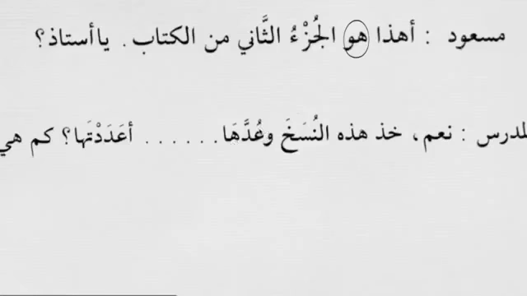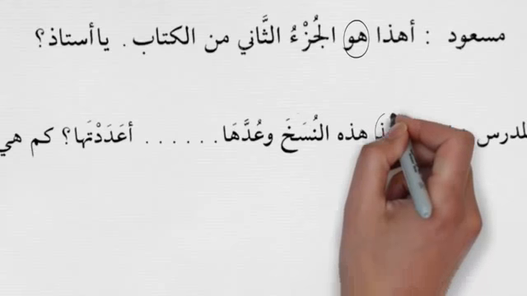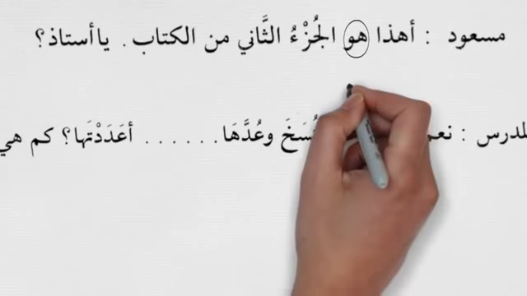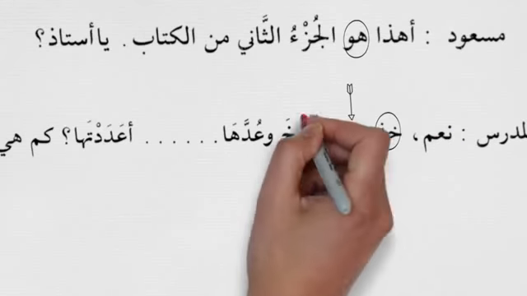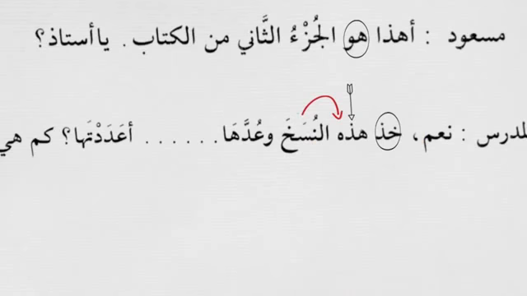So adda, he counted. Ya'uddu, he counts, and when you give amr, it's a udda. So count it. That's the amr. So different forms of amr we can see here. It's maf'ulun bihi, and udda is fa'il amr, and again it is maf'ulun bihi.